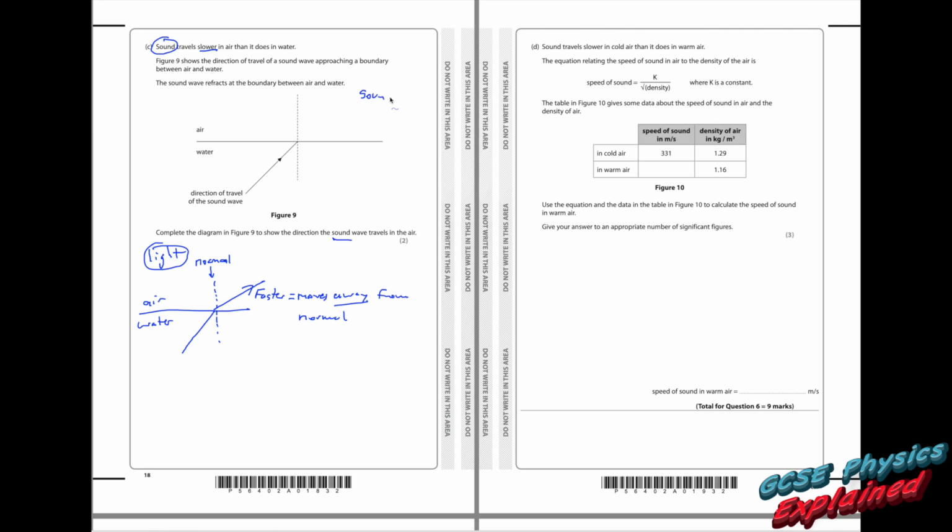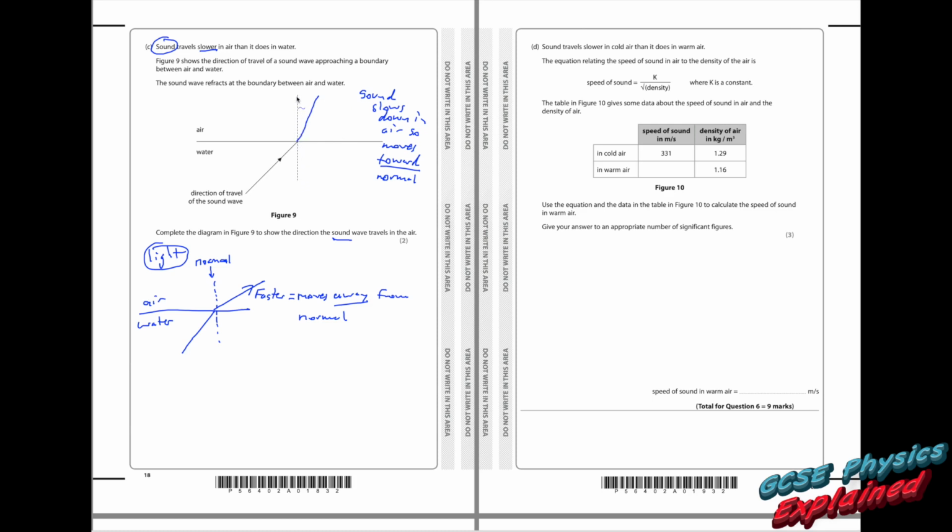Sound slows down in air, so it moves toward the normal. So instead of coming up here, it's going to come over here somewhere. Anywhere will do, as long as it looks like it's bent in toward this normal.